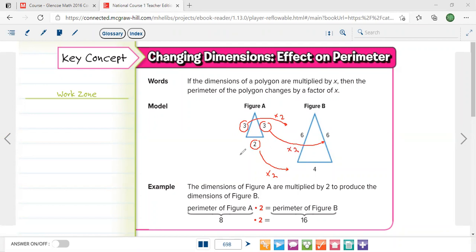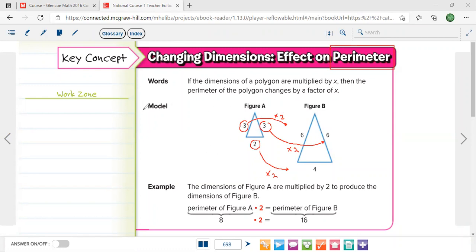Now, let's count the perimeter because we need to study the effect that is happening for the perimeter. What will happen for the perimeter? The perimeter also will be multiplied by 2.